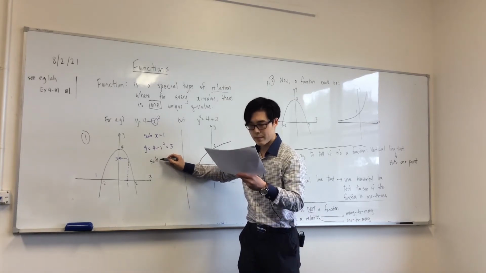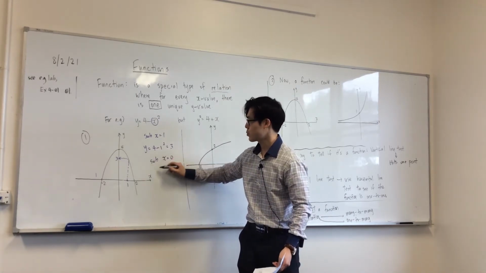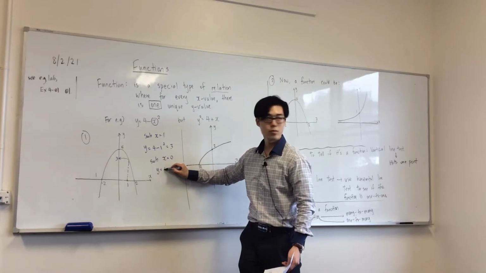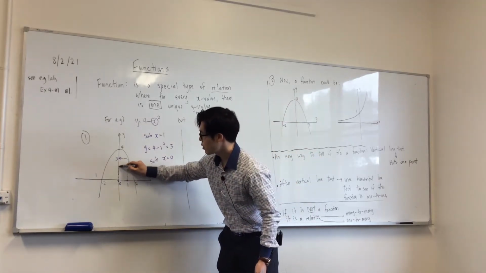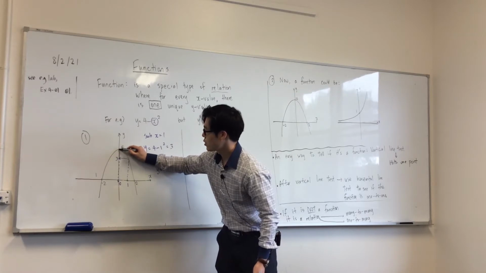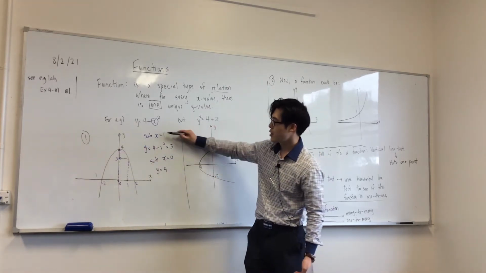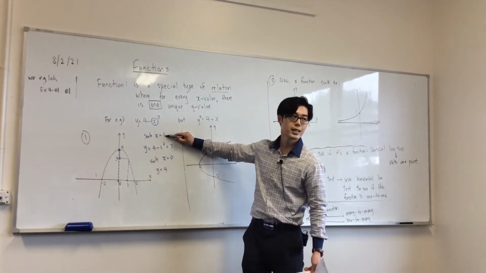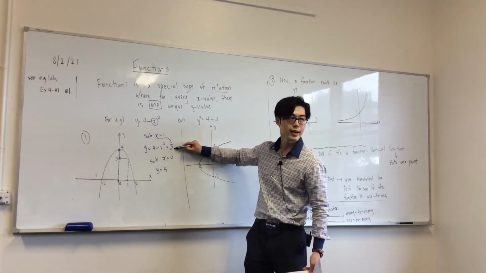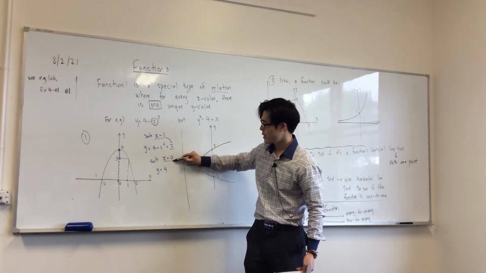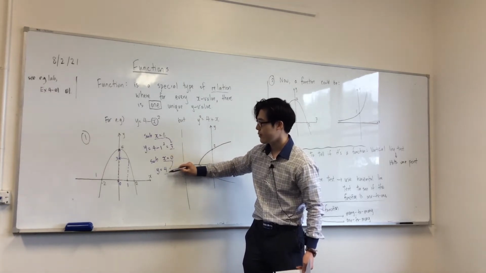Let's say we substitute x equals 0, what does y equal? 4 minus 0? That's 4, yeah? So at 0, the y value is 4. So in this example, what I'm trying to say is when you substitute an x value, there is one unique y value. When you substitute another x value, there is one unique y value.